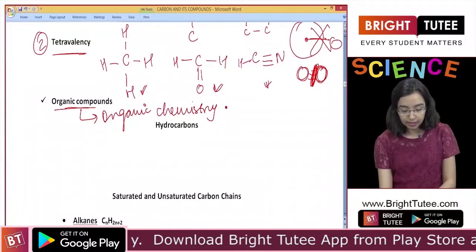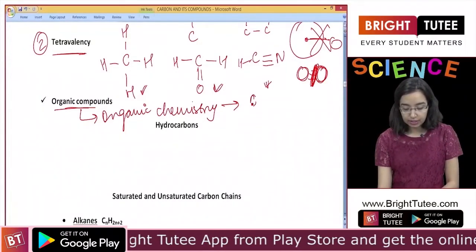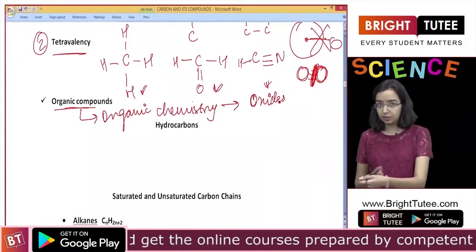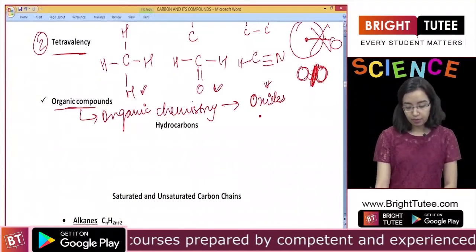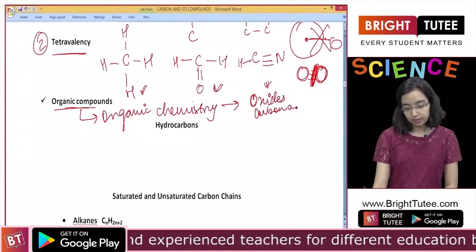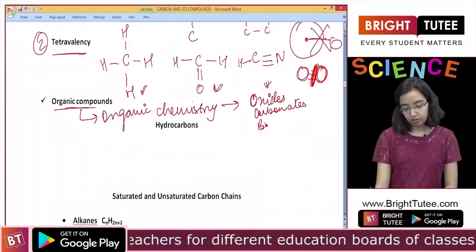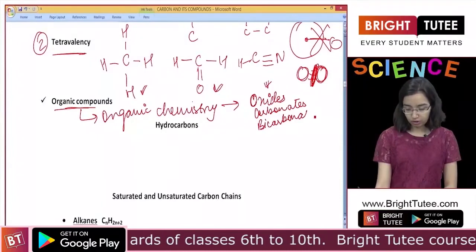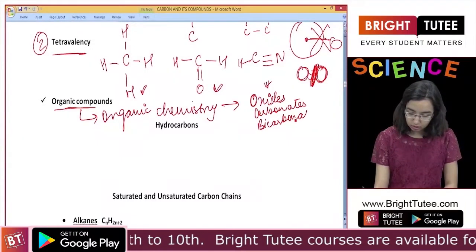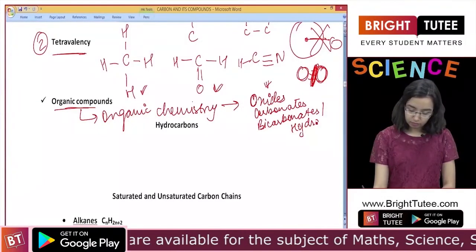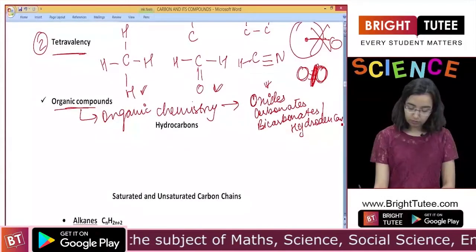Even then it had 3 exceptions. It had the exception of oxides. So oxides of carbon like carbon dioxide were not considered part of organic nature. Then there were carbonates which existed in nature like marble, and bicarbonates, also called hydrogen carbonate. Right?